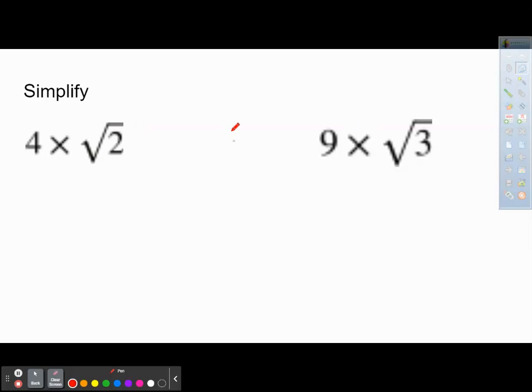So if you had 4 times x, that would just be 4x. Well, treat this like it's a variable. 4 times the square root of 2 is just 4 square roots of 2. And I can't actually do 4 times 2 because 2 is inside a radical and 4 is not. Same thing here. 3 is inside a radical, but 9 is not, so that would just be 9 square roots of 3.